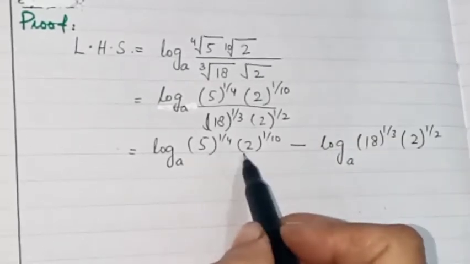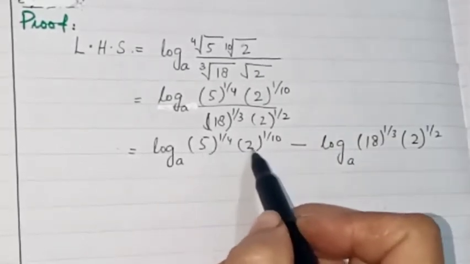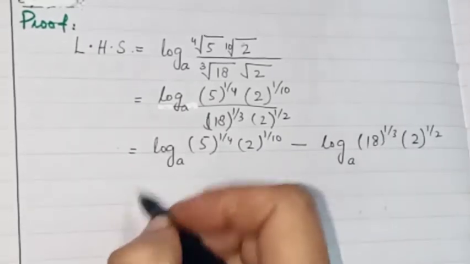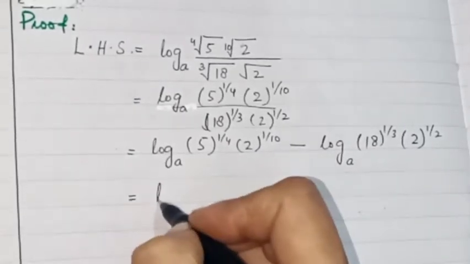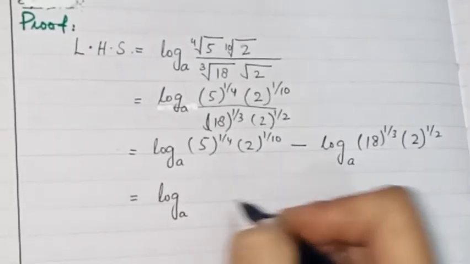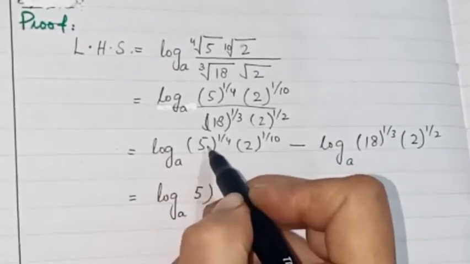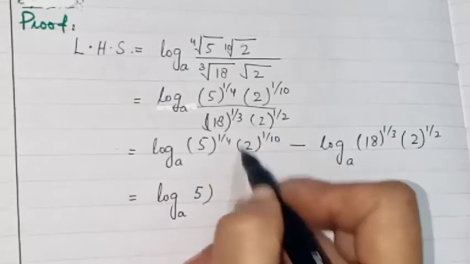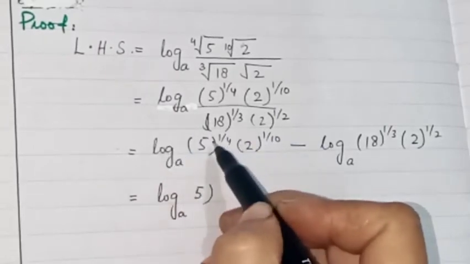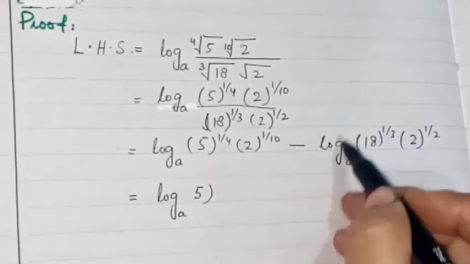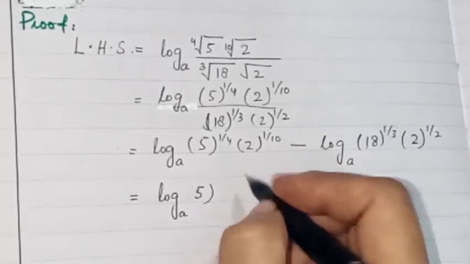We can see that here terms are multiplying also, so I am applying the first law on this. By applying the first law, we write log of the first number plus log of the second number, on this term and also on the second term.